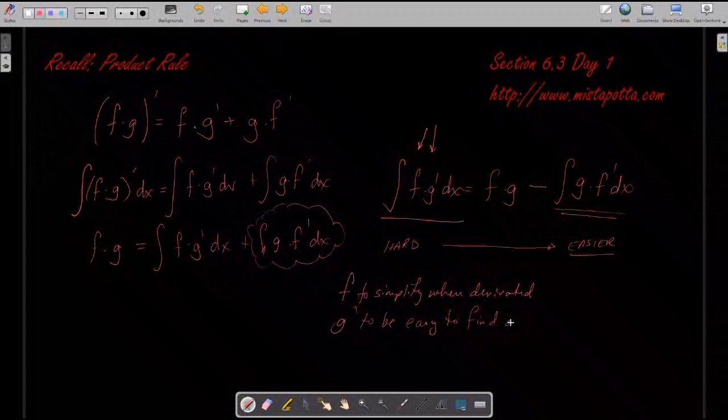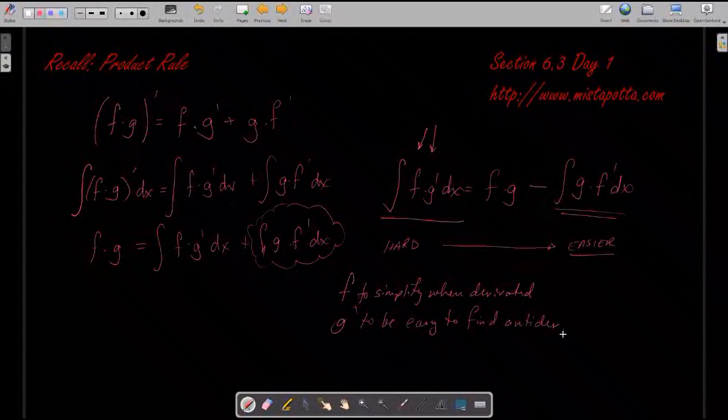So that's really the idea here. I'm going to have to choose my f and my g prime judiciously, and we'll talk at the end of this video about a quick way that we can do that by inspection.